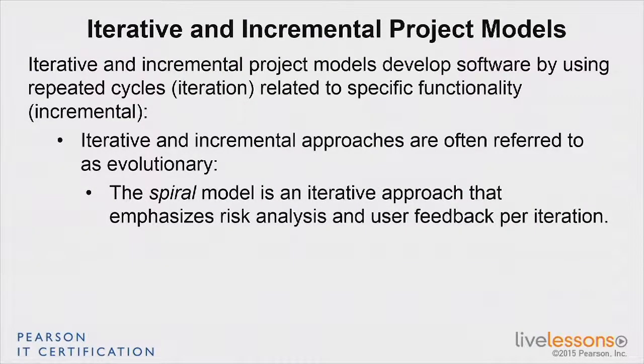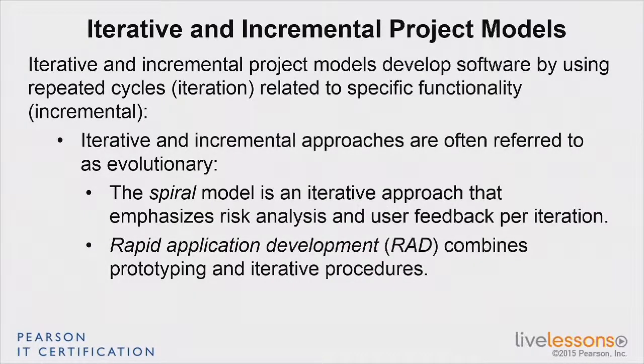A spiral model is an iterative approach that emphasizes risk analysis and user feedback per iteration. So we're working on small chunks at a time, and we're doing these repeated cycles until the development team has reached a point where they're satisfied with the output. Rapid application development, RAD, combines both prototyping, creating samples, and iterative procedures.